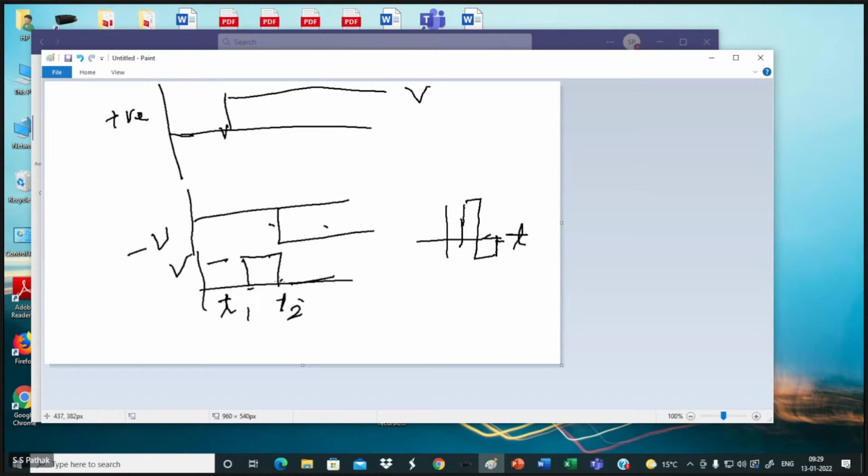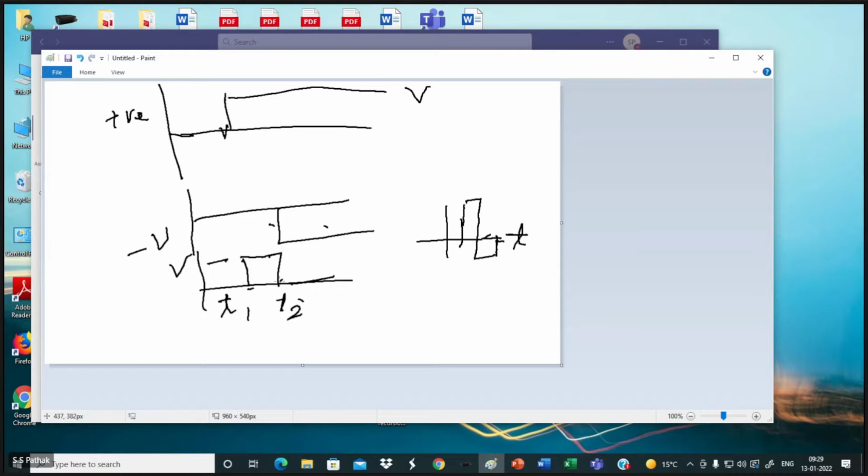Any doubt here? It is not a square wave. It is 0 to plus V volt. So you can say it is also known as a clock. 0 to 5 volt or V volt, that is a clock. It comes on repetition after some time, we call it a clock.